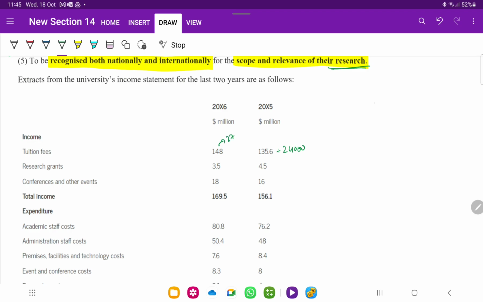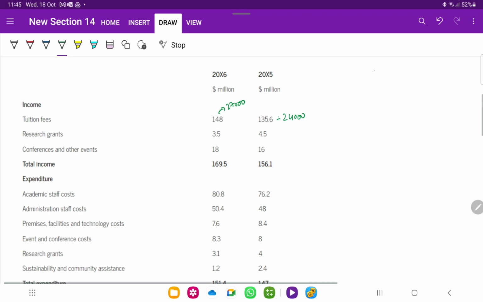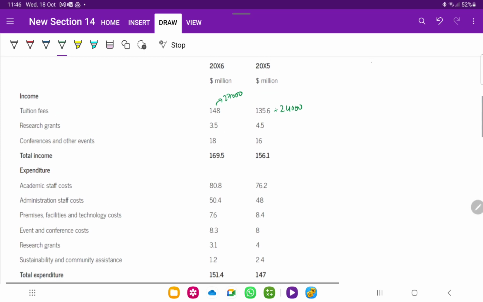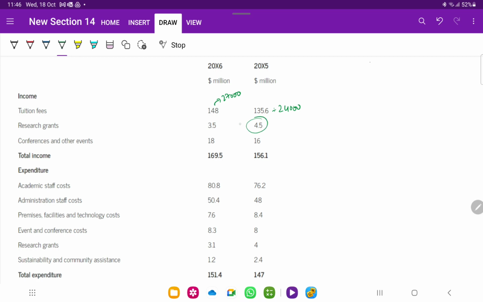You can calculate an average fee per student, to see whether the fee has increased or not, if needed. Research grants in 2005 were 45.